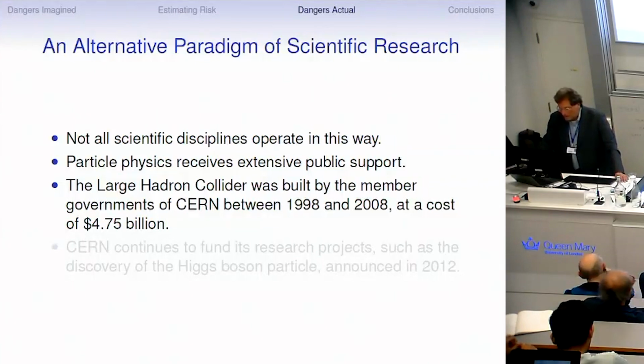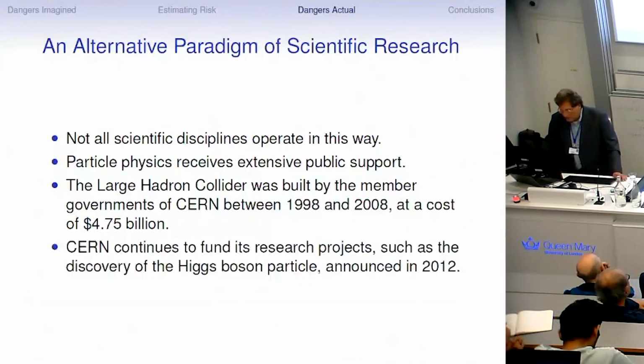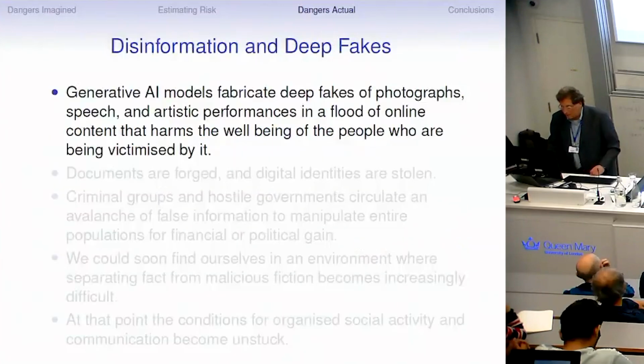Between 1998 and 2008, it cost $4.75 billion. That was coming out of the public domain. CERN continues to fund basic research in physics, and that's how the Higgs boson particle was discovered. Had we not had CERN and funding for that research, we wouldn't have had the discovery, announced in 2012, of the experimental evidence for the Higgs boson particle.